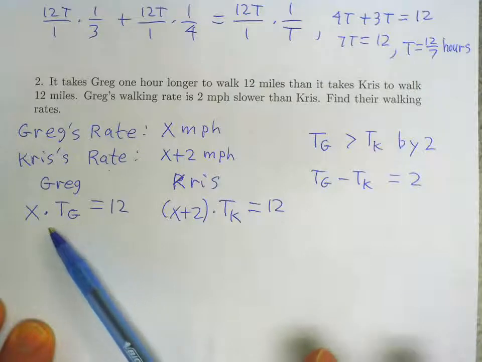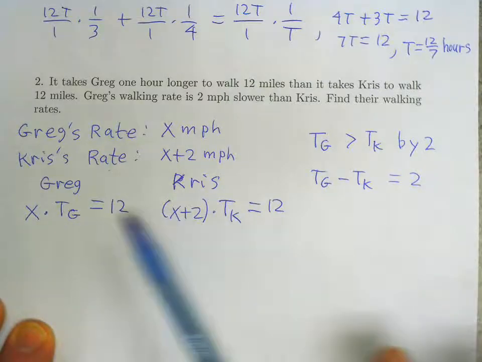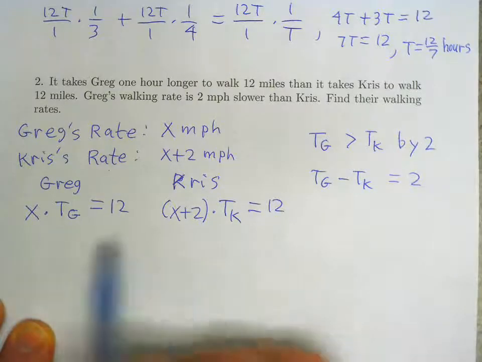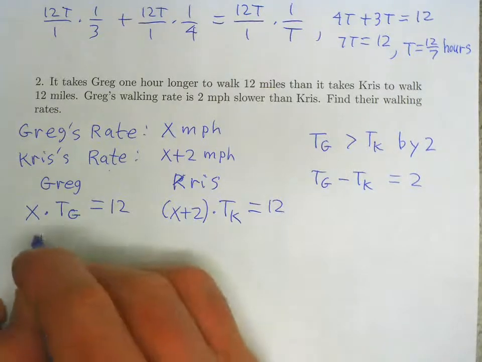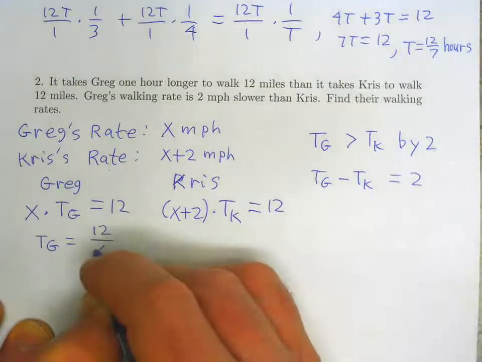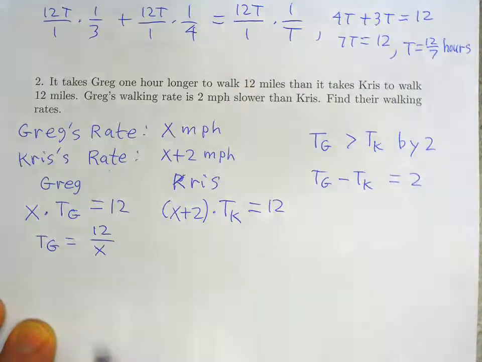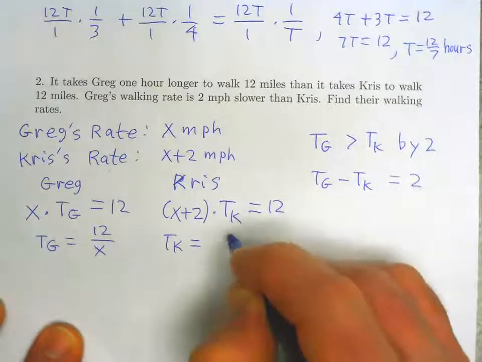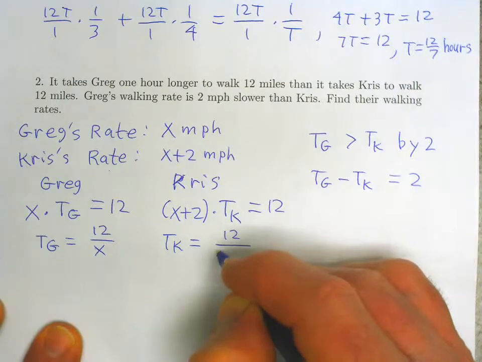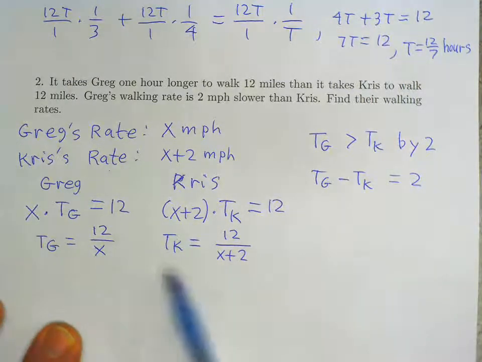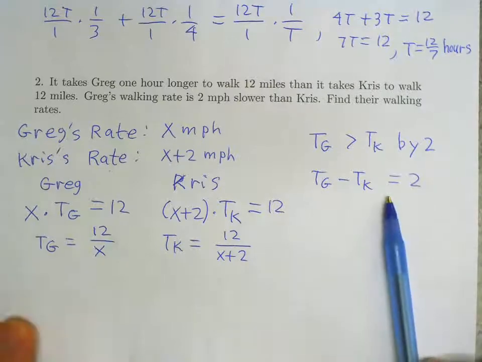So the intermediate work, we're going to solve each of these 2 equations for the time. Greg's time is equal to his distance divided by his rate, 12 divided by x. Chris's time is his distance divided by his rate. And then we substitute each of those into this equation.